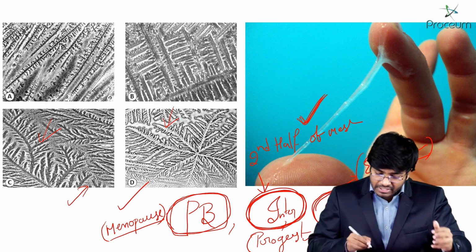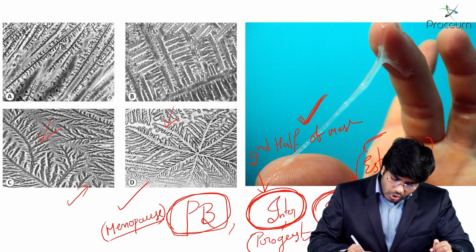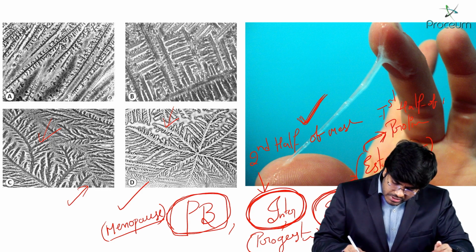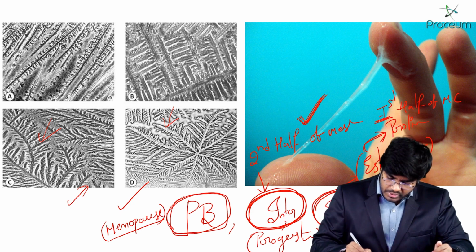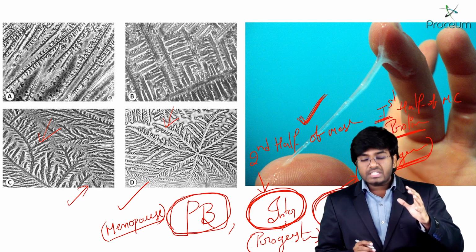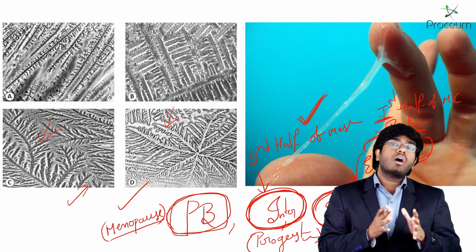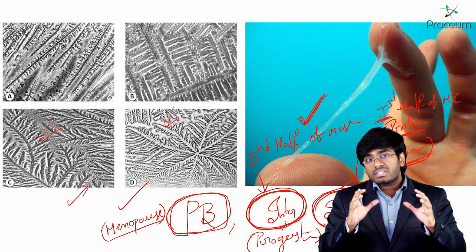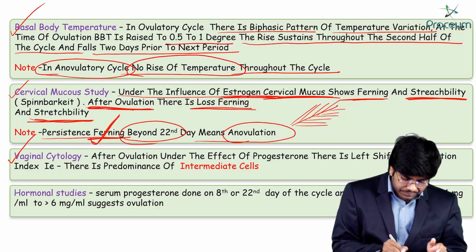Estrogen dominance will be there during the proliferative phase, or the first half of the menstrual cycle. During this phase, estrogens are high, and these estrogens cause proliferation of superficial cells. So just by having this concept in mind, please concentrate here.